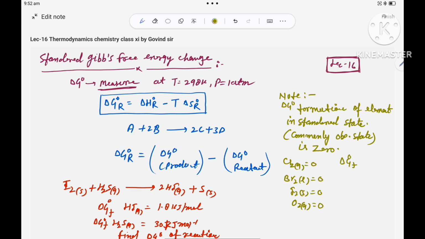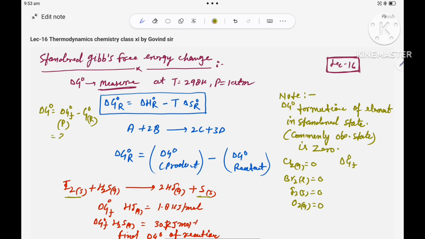Okay, so come to the question. In that question, how to find delta G? It is equal to delta G naught for formation of product minus delta G formation of reactant. So here standard state, here standard state, and the remaining two are given, so put the value.